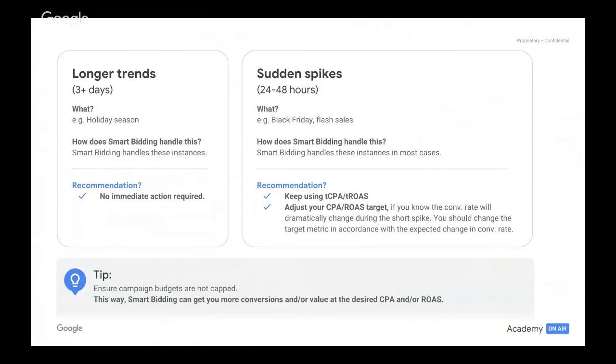And if there was a drastic change in your conversion rate over a 24 to 48 hour period, and by drastic we mean double or more the conversion rate, do have a look at adjusting your CPA or ROAS targets to reflect that. So in that case, you'd look to increase CPA or decrease the ROAS target to take into account the increased conversion rate. But as I said, most people fall into this longer trends bucket where no change is needed.